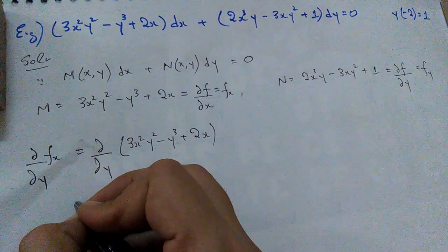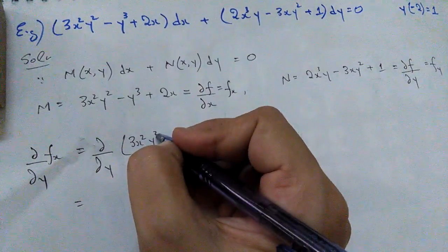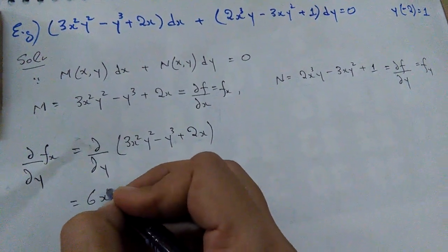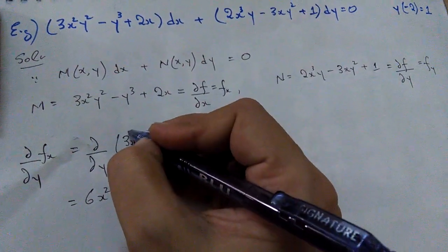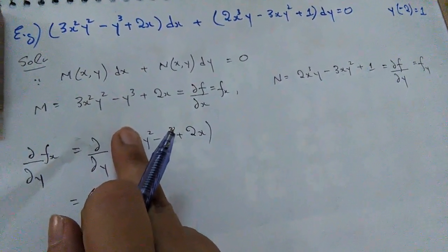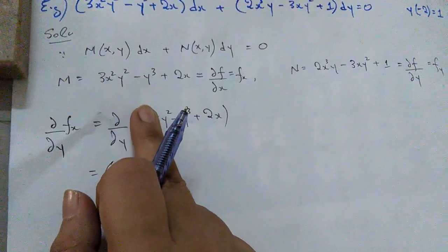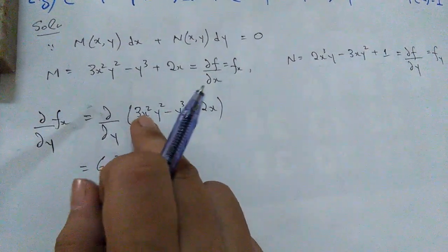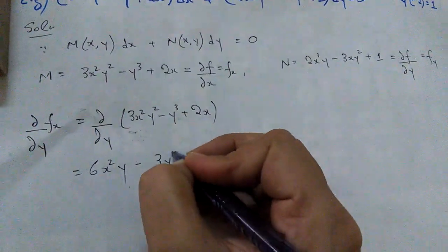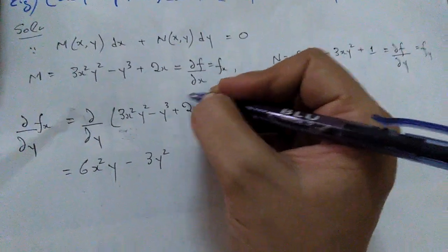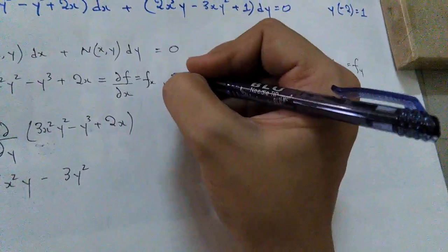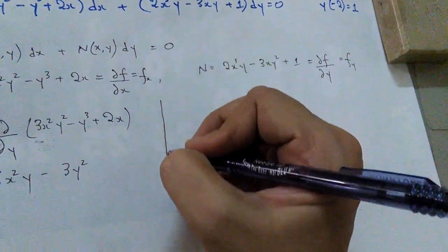So over here, 2y becomes 6x squared y, because 3x squared is behaving as a constant, so we are simply differentiating y squared with respect to y. It's 2y, which when multiplied with this gives me this. This is my 3y squared, and the derivative of y cubed here is, I mean the 2x term, is 0 obviously because it is behaving as a constant. This is the answer.